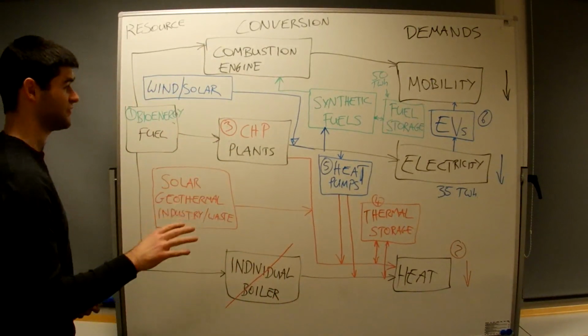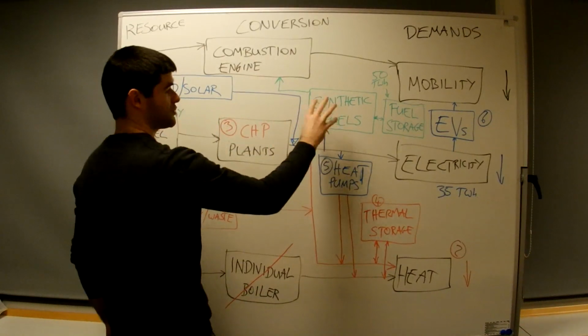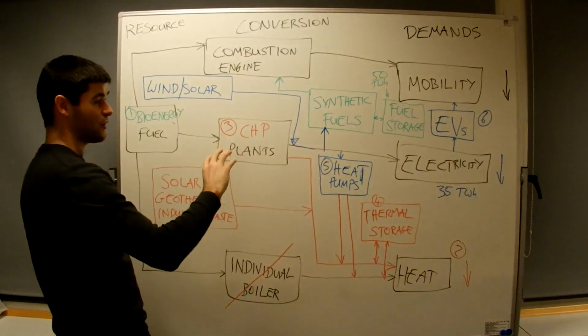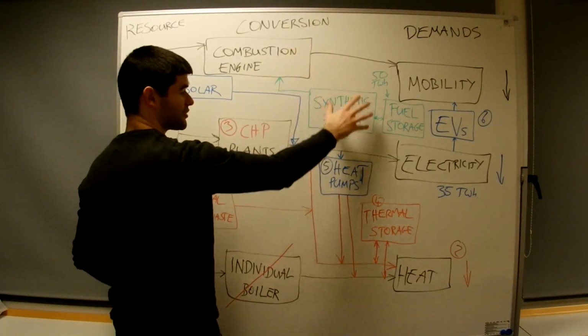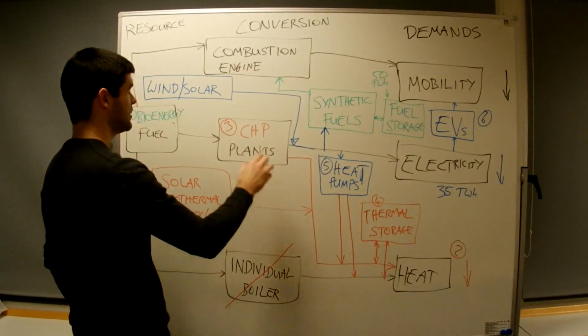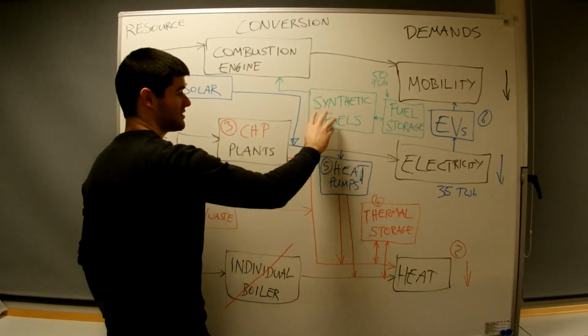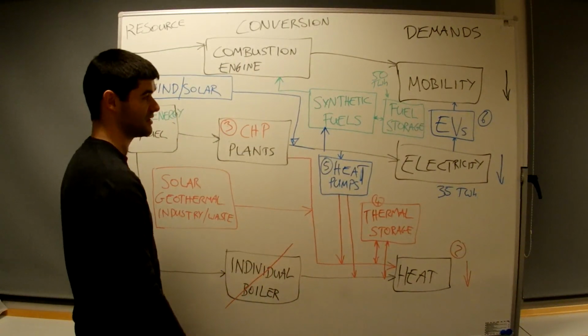Now this is very significant because it means that when I connect the electricity sector to synthetic fuels and the fuel storage system, I have introduced huge amounts of flexibility within the conversion side of the energy system. So when the wind is blowing too much, I can easily produce some synthetic fuels, which I can then put into a storage tank and keep for a time that I need them.